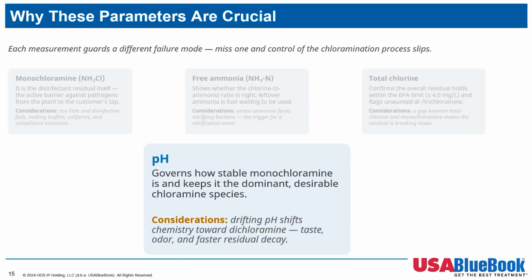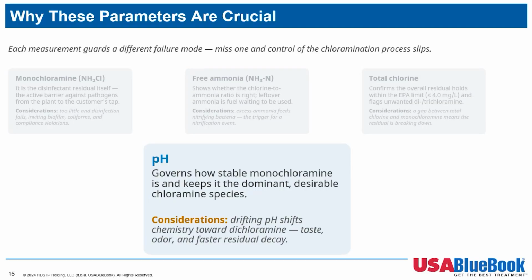pH is the quiet one. And I was just speaking with a customer yesterday regarding the impact that their particular system has with pH, as it can fluctuate. It doesn't cause a problem by itself. It decides how stable everything else is, whether your chemistry stays on monochloramine or slides towards dichloramine.